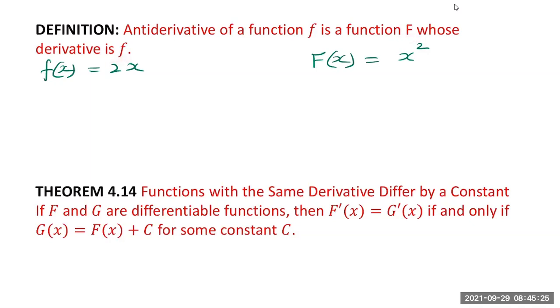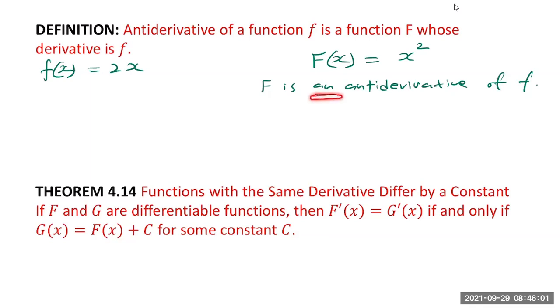If you take uppercase F of x to be x squared, the derivative of that function is going to be lowercase f of x. In that case, we say that uppercase F of x is an antiderivative of lowercase f of x. Let me write it here: F is an antiderivative of lowercase f.